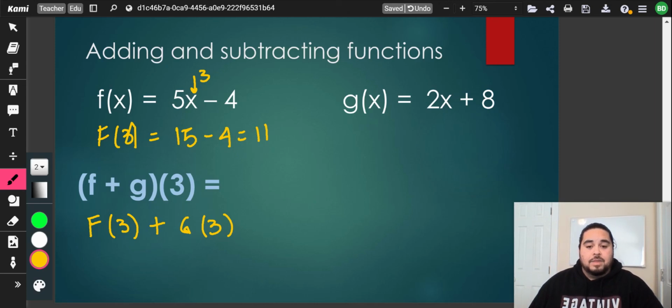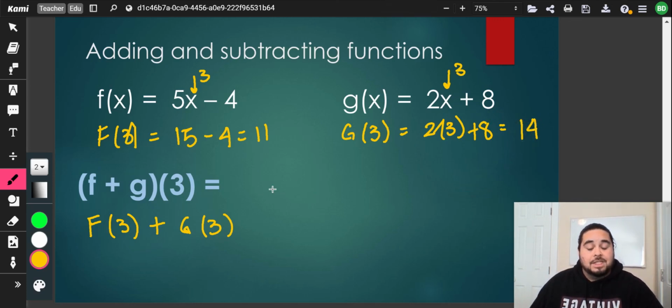And then the same thing over here for g of x, so g of 3. That means I'm going to plug in 3 right here for x. So I have 2 times 3 plus 8. Okay, and that gives me 6 plus 8, which is 14. Now that I have both those values, I just add them together.